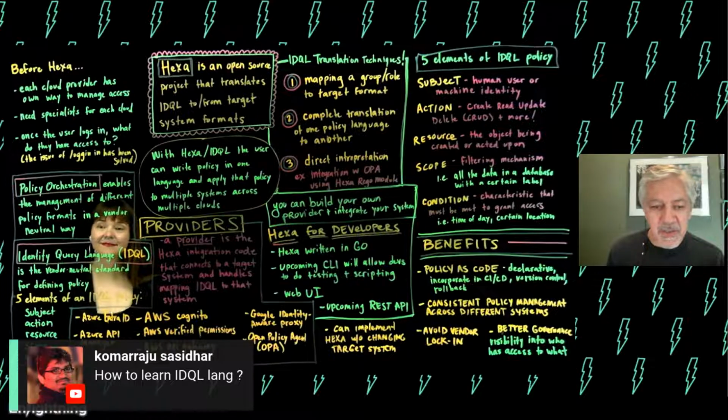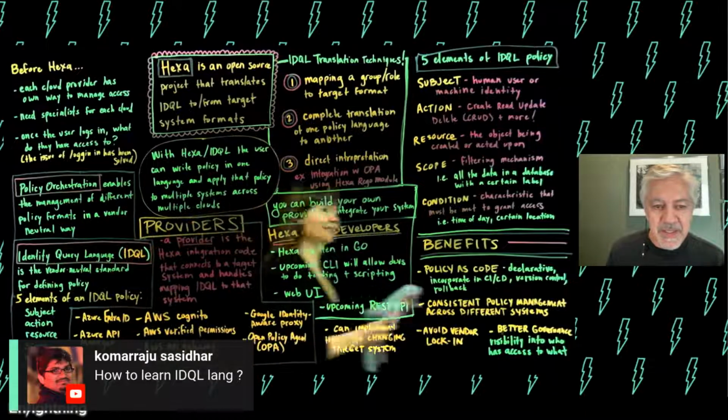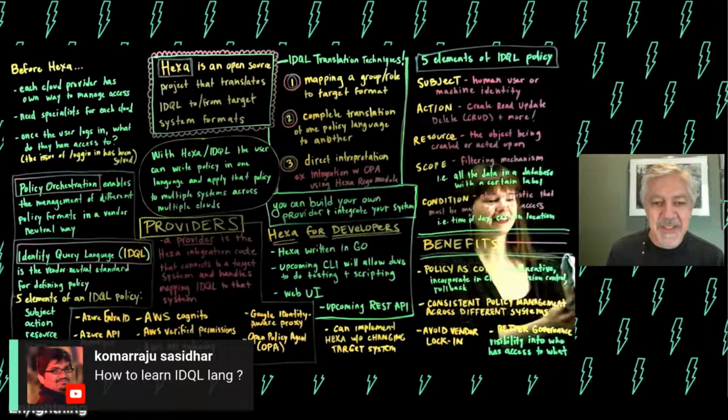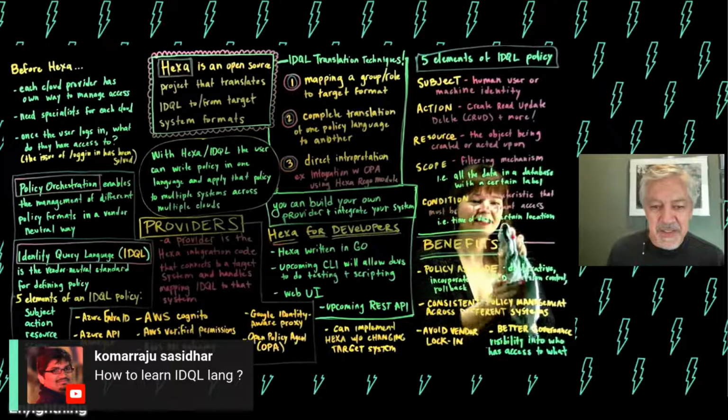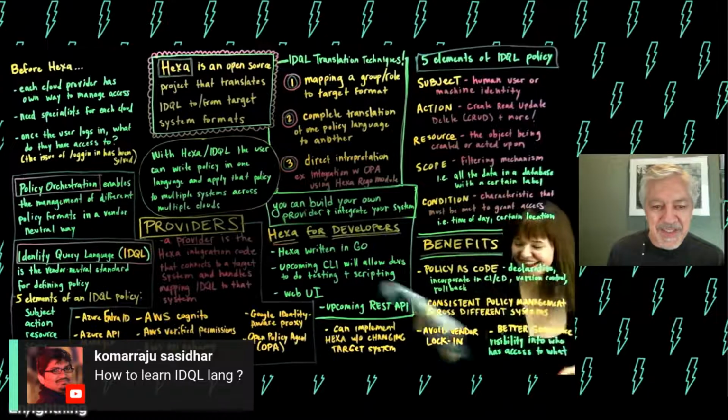And of course, you can reach out directly to us and we're happy to do a one-on-one with you to show you more. Cool. hexaorchestration.org is the policy website. Is that correct? Right. And the repo is on GitHub. If you go to hexa-org in GitHub, you'll find the code there.